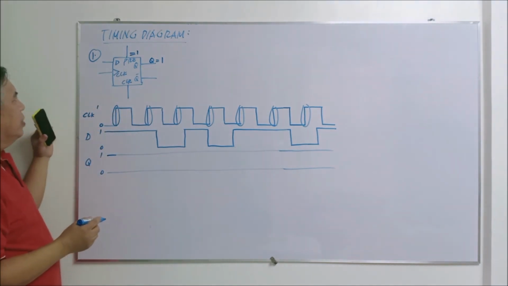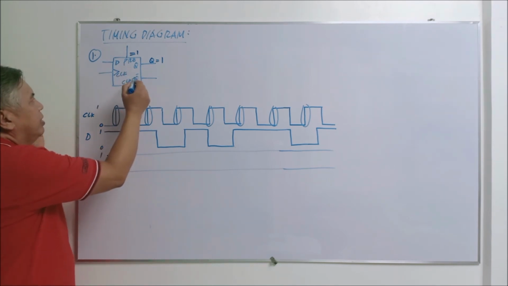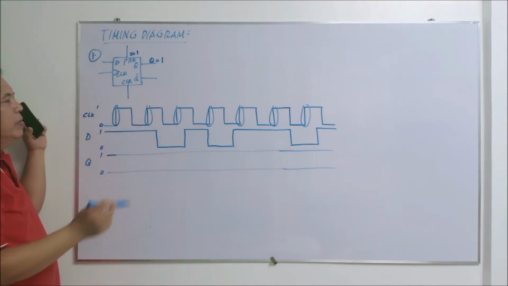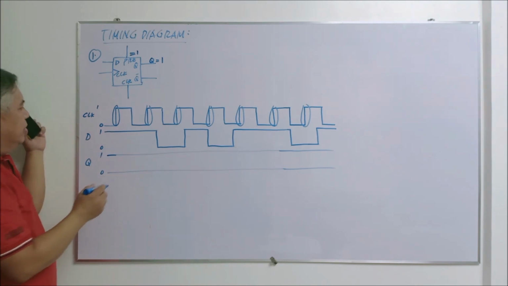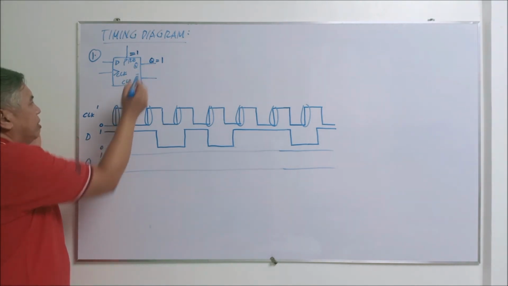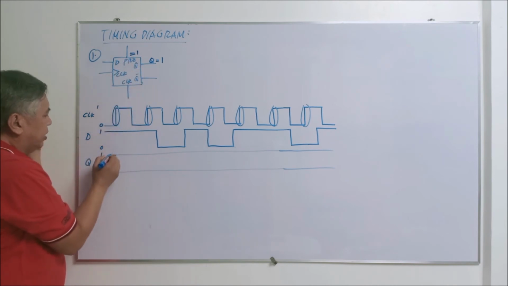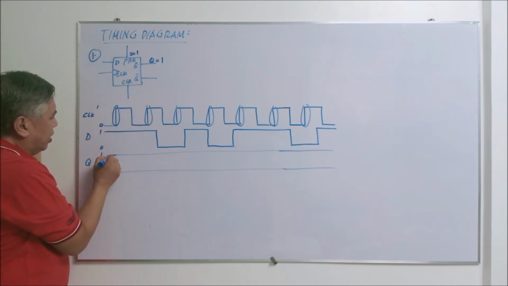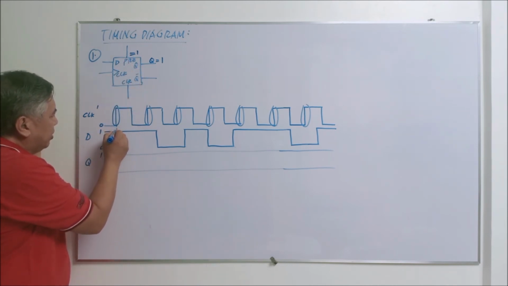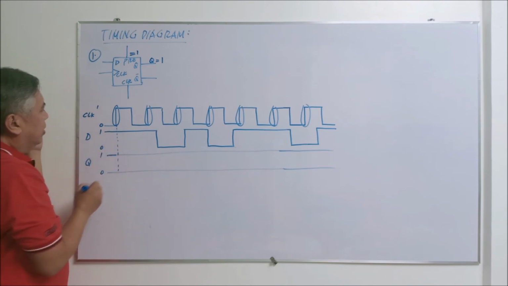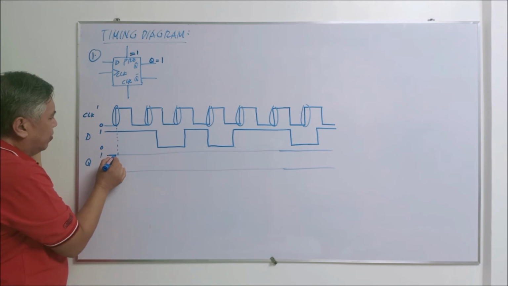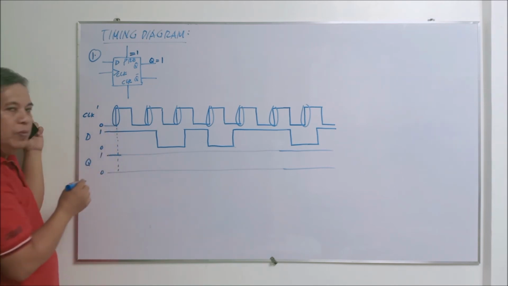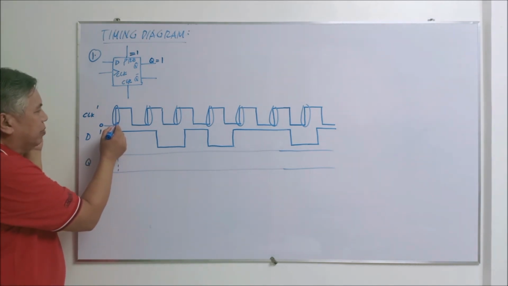Again, the triggering of the symbol depends on the positive edge of the clock. So in this case, Q is equal to 1 because of the preset, so we start here at 1, and then we find the positive edge of the clock. And what is D? D is equal to 1, so it remains 1. D implies Q during this positive edge triggering of the clock.